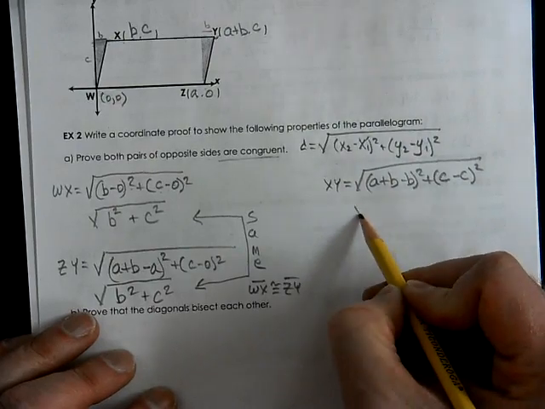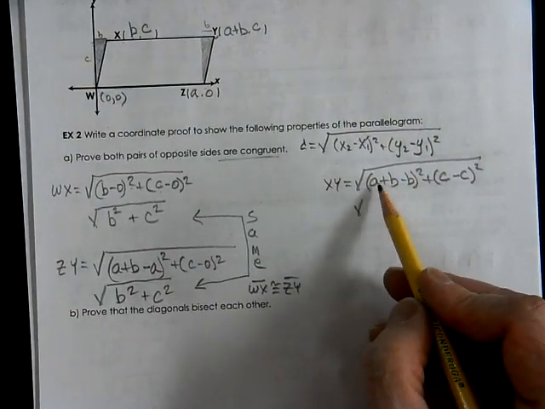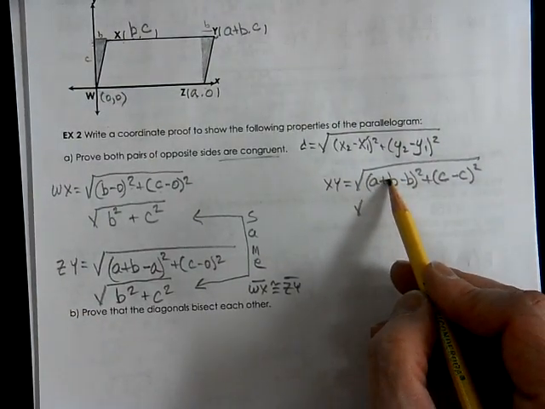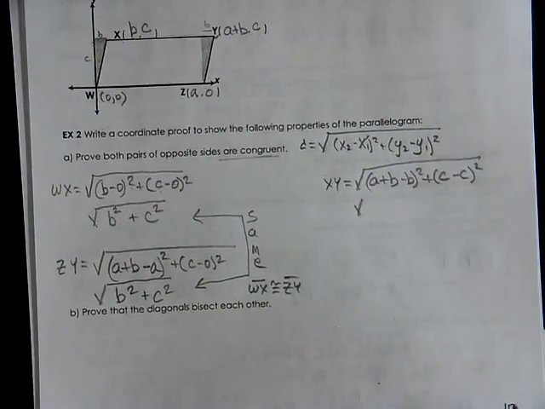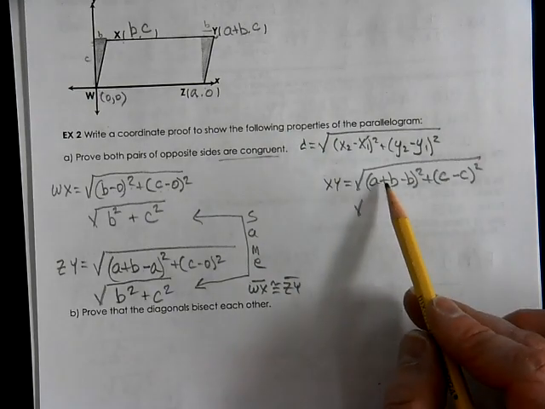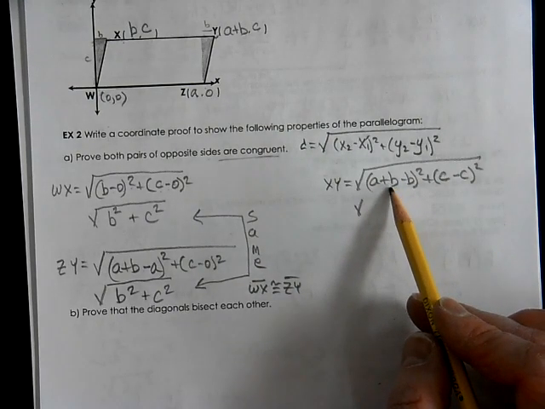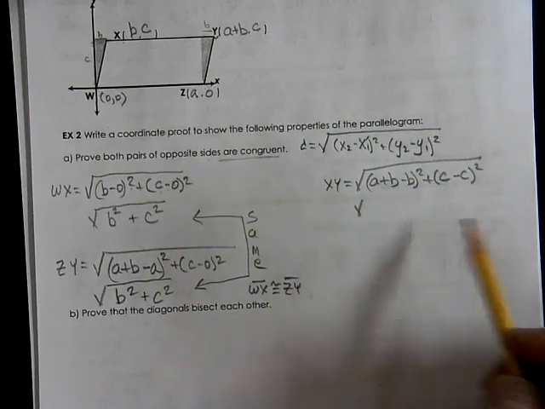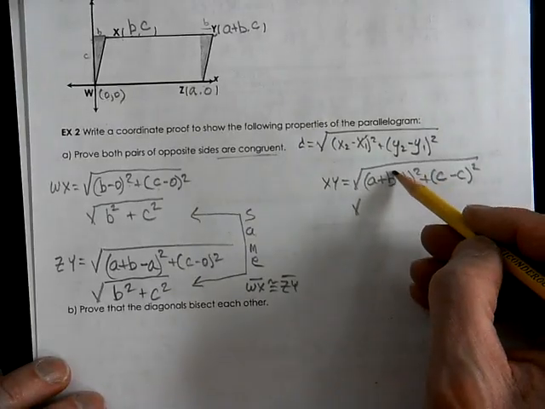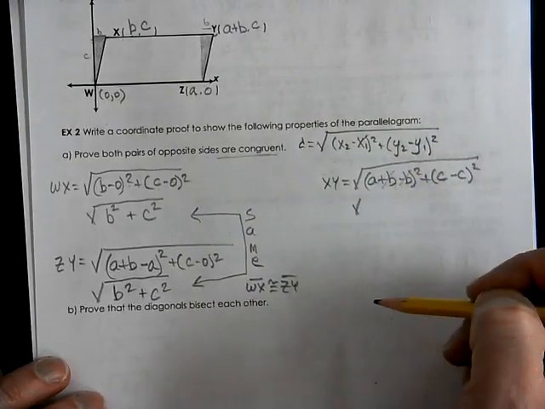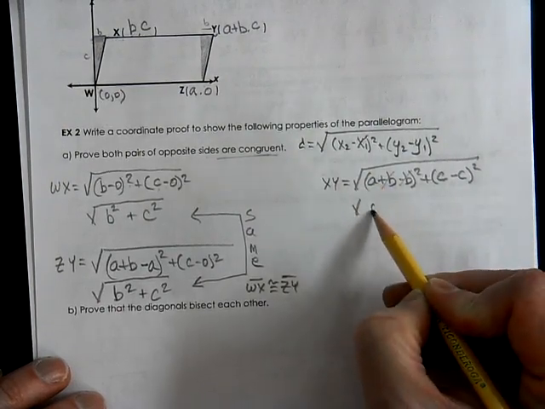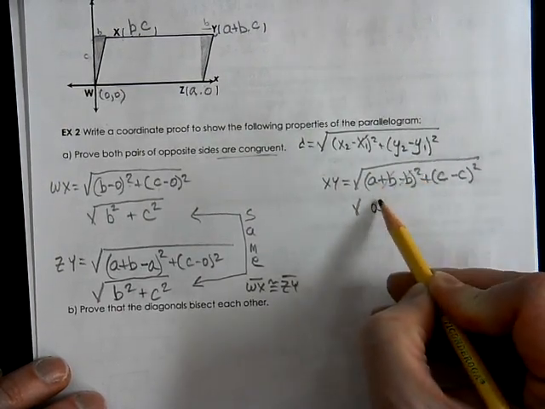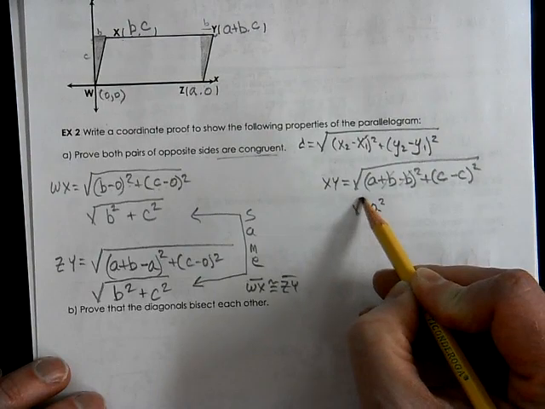So what's that going to be? How do we do this? How do we do a plus b minus b? How am I supposed to know what that is? A plus b minus b. The b's are going to cross out, and we're left with just the a, and the a is being squared.